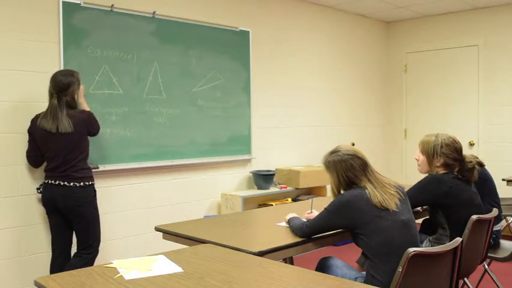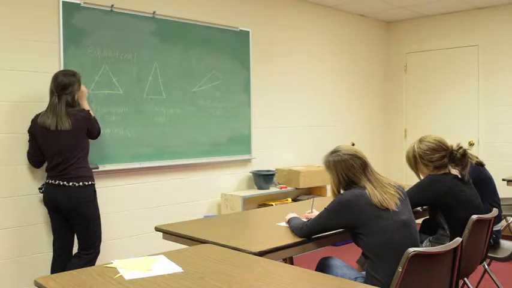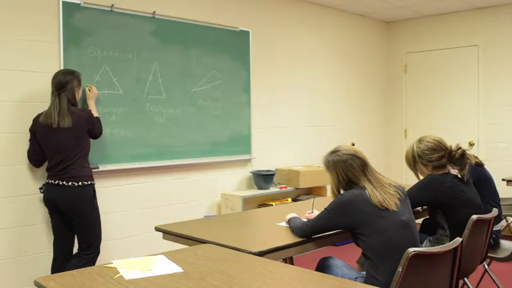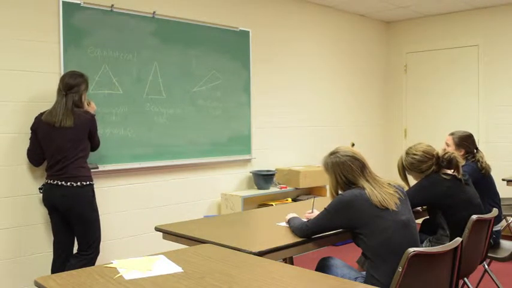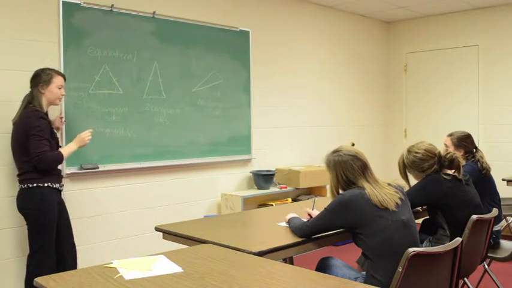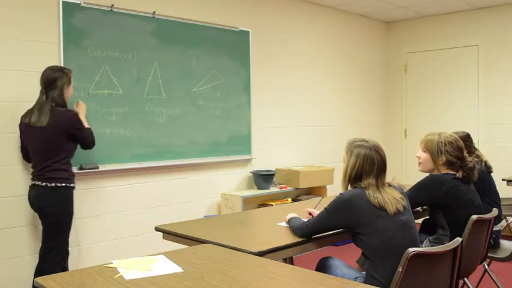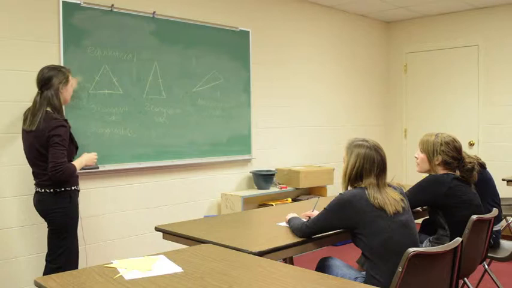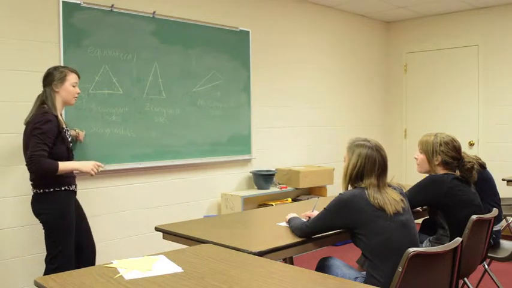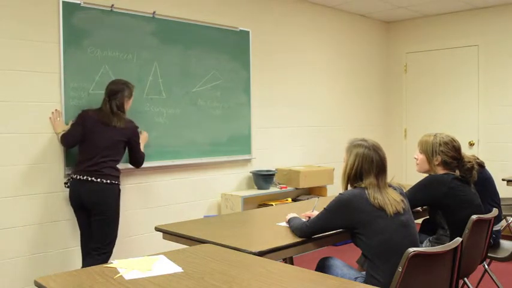I'll give you a couple of seconds to work on that. Is it 60 degrees? It is 60. Very good, Anna. So to recap, an equilateral triangle has three congruent sides and three congruent angles, each of which is equal to 60 degrees.